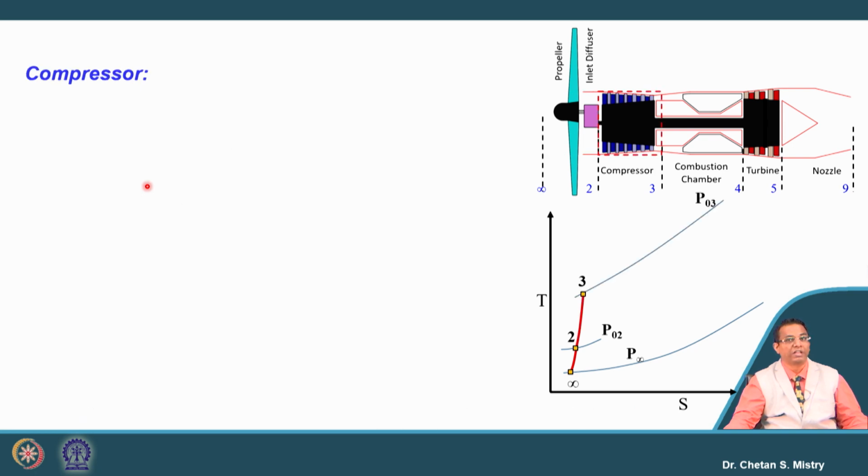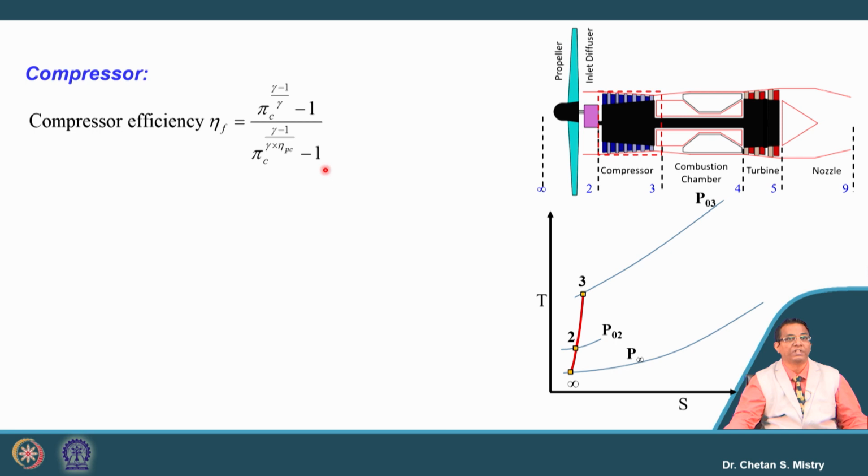Let's move towards the next component, the compressor. This compressor may be of axial kind, or an axial-centrifugal combination, or only a centrifugal compressor. It depends on what kind of engine we are configuring. Here, suppose I consider a multi-stage axial flow compressor.